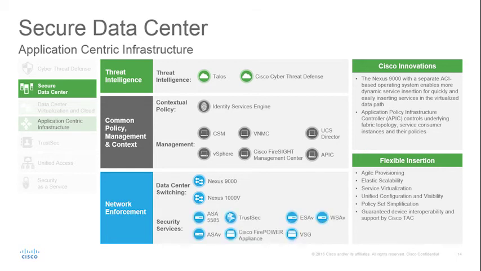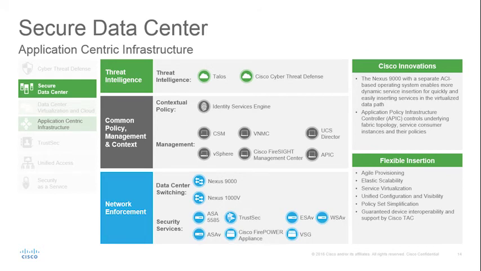In the ACI topology-independent environment, ASAV services are managed as a pool of security resources. These resources can be selected and attached to specific applications or transactions to provide dynamic, scalable, policy-based security. As with the data center virtualization solution, these services include TrustSec, ESAV, WSAV, VSG, and the Cisco Firepower appliance.